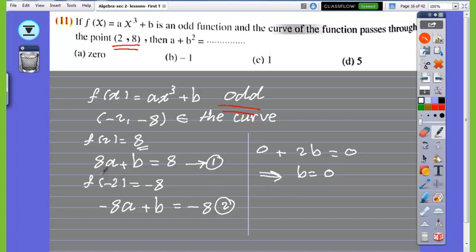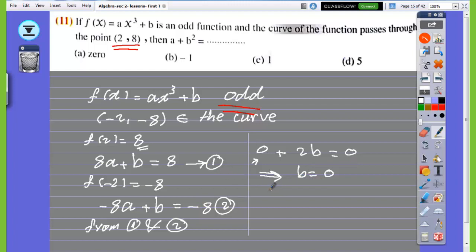Again we have 8a plus b equals 8, and -8a plus b equals -8. From 1 and 2, by addition we have 8a plus -8a equals 0, b plus b equals 2b, and the right hand side 8 plus -8 equals 0. So b equals 0.